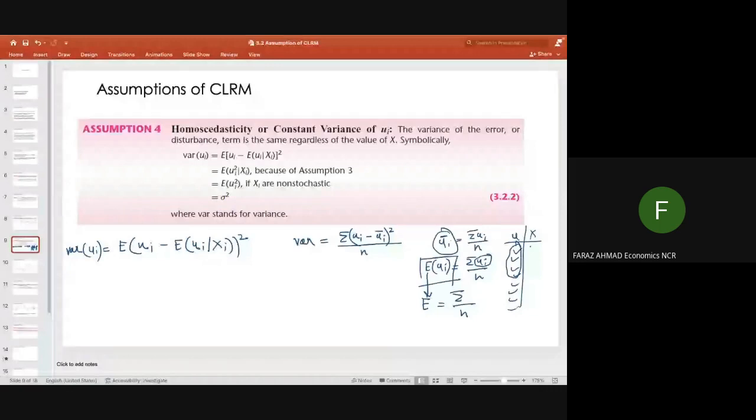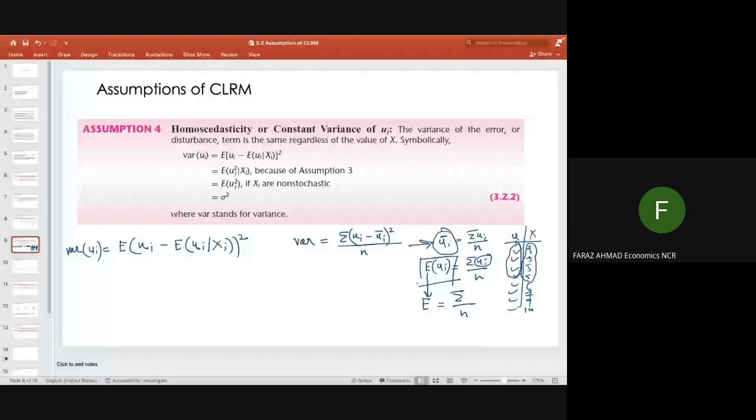For example, if you're conditioning u with respect to x, then if x has an ith value, say 5, you'll take all those x's which have a value of 5, and the corresponding u's will be used in this calculation of mean, right? You can incorporate that idea of conditional mean into the same formula. It doesn't affect anything, just that a particular subset of all the u's will be taken for calculating the mean, not all of them, right?